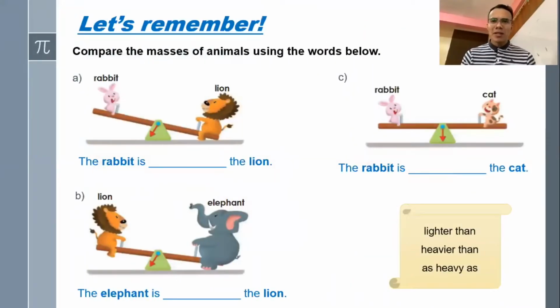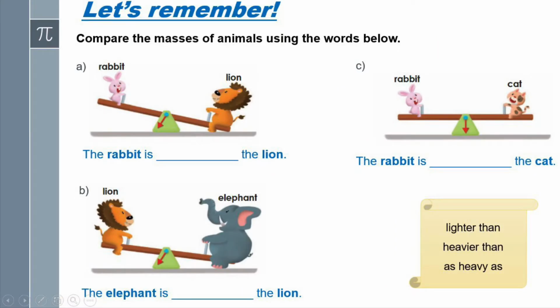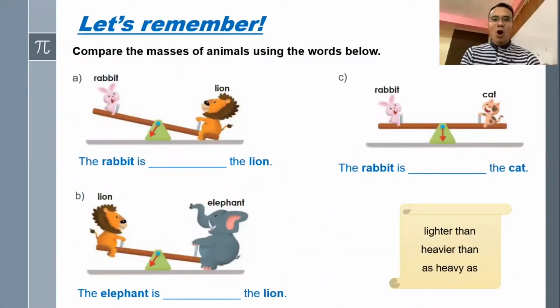Let's remember the things we discussed when you were in grade 1. I'm giving you time to answer these exercises, so get ready your pencil and paper. All right, I hope you are able to answer all of these items correctly, and that you are still able to remember the things that we discussed in grade 1.